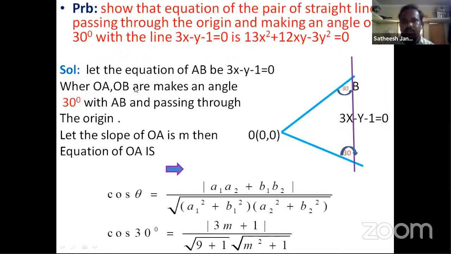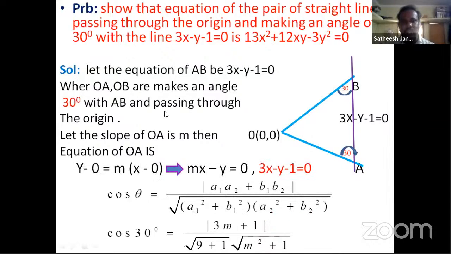Let the given line be AB, that is 3x − y − 1 = 0, where OA and OB make an angle of 30 degrees with AB and pass through the origin. Let the slope of OA be m.